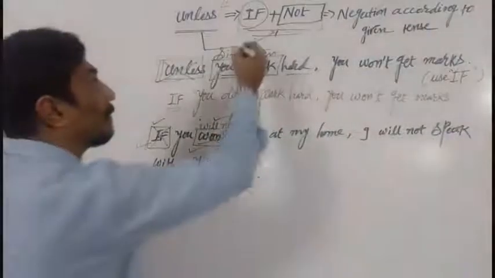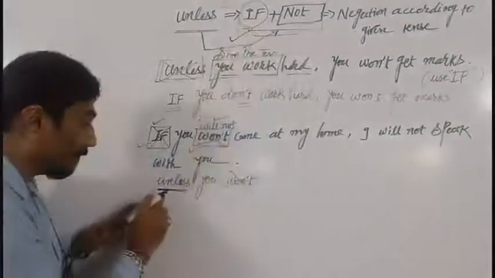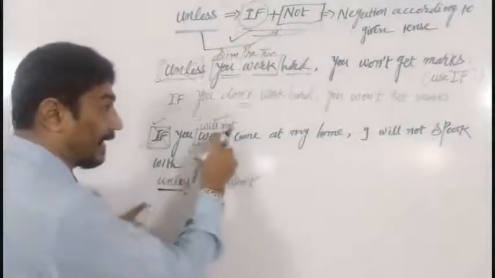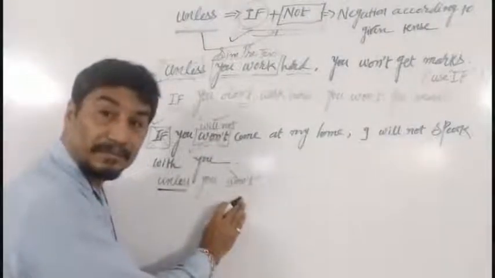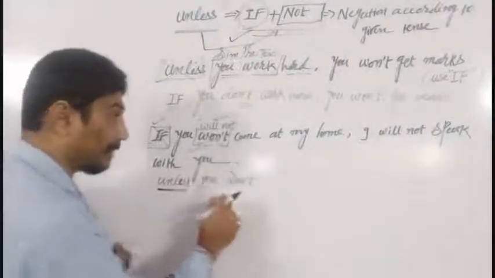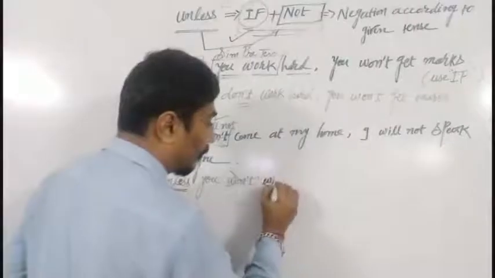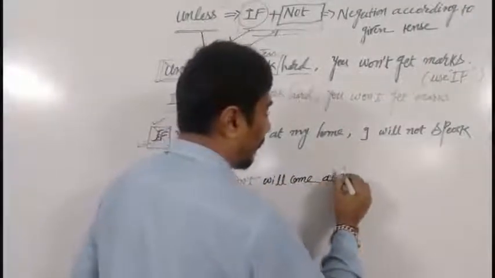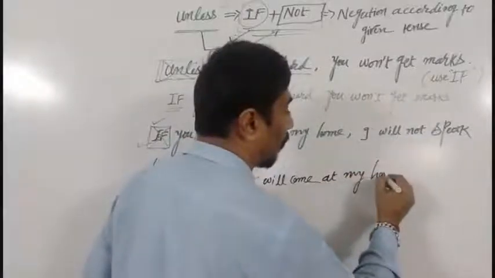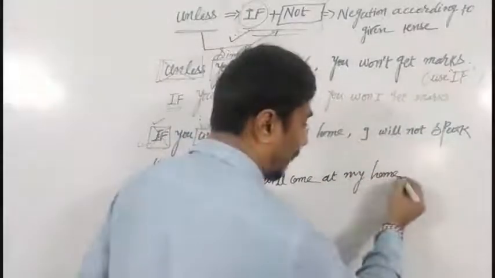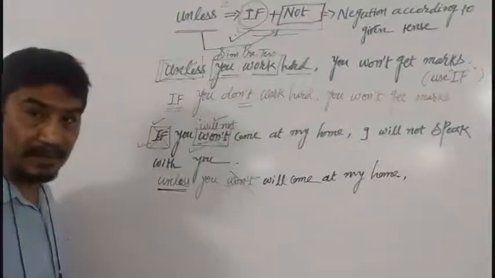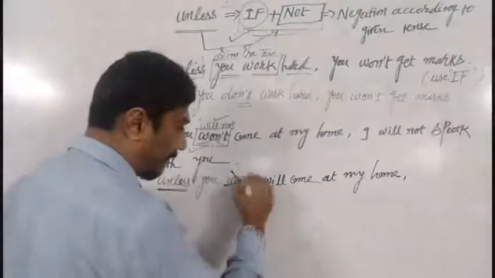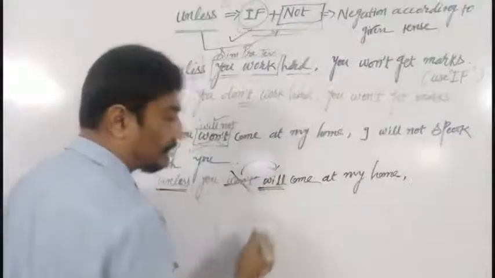Unless is equal to if not. We have used unless here so the negation will be converted into affirmation. So unless you will come to my home, once again a comma is necessary. So this will be removed, but in place of will not, we have to use will.